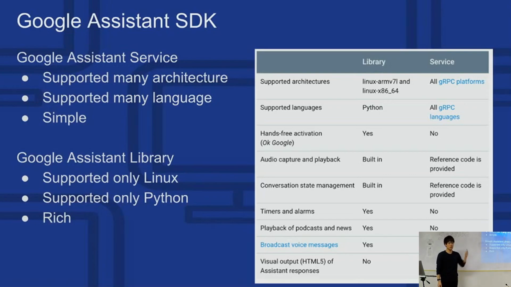Google Assistant Service supports many architectures. It means Linux and Windows and so on. And also, Google Assistant Service supports many languages. It means Python or Node.js or so on, many languages.